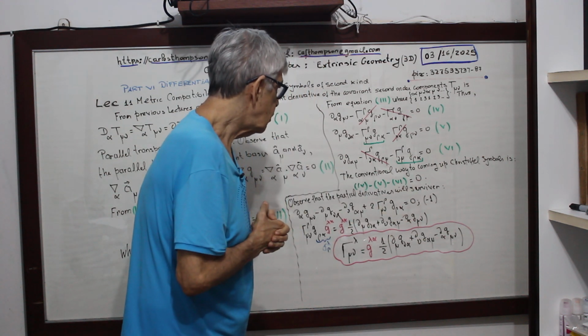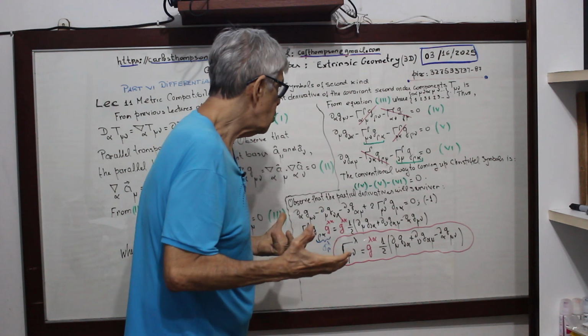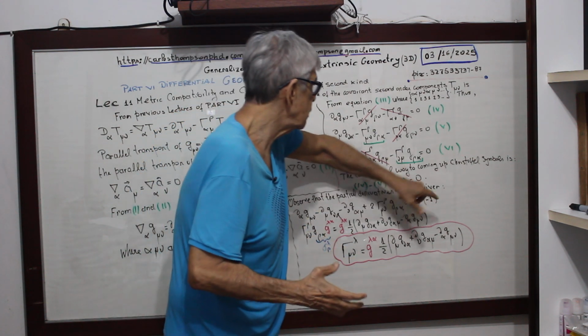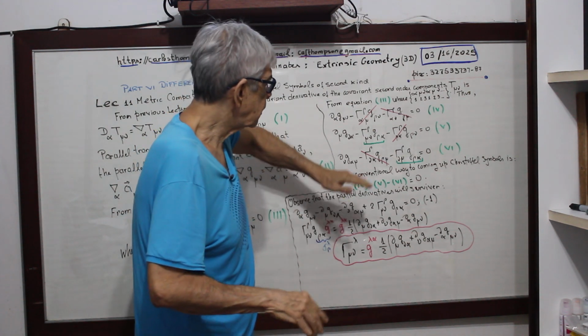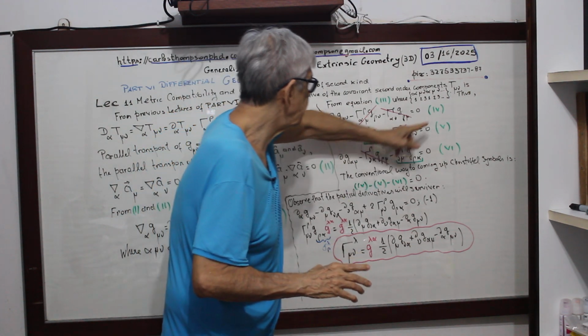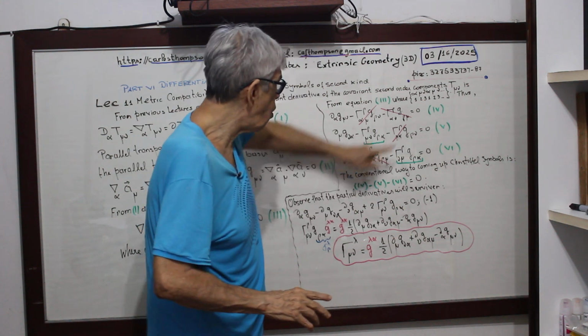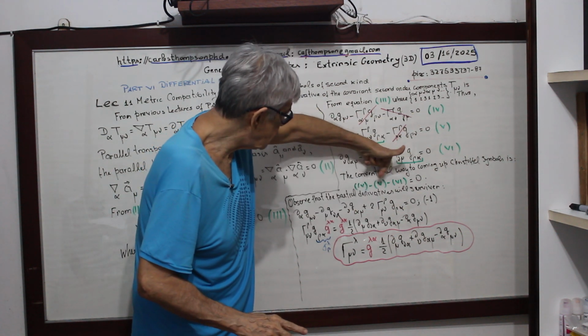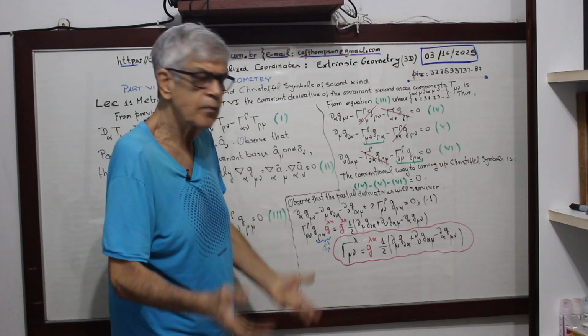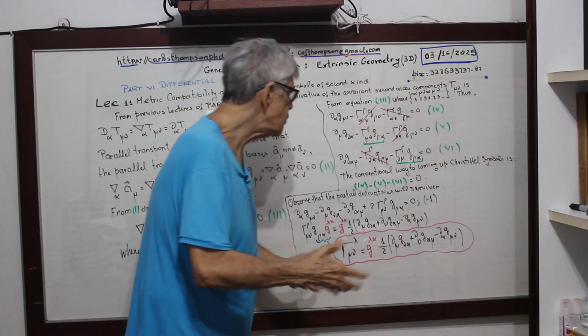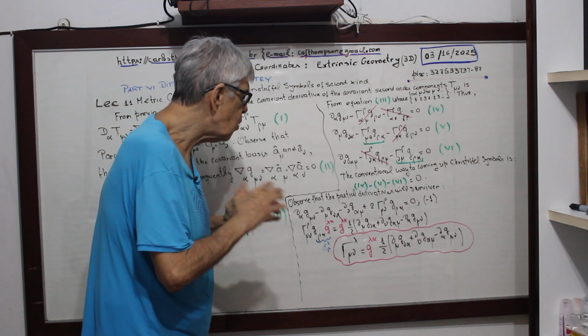Now, the conventional way to come up with the Christoffel symbols: attention now, you subtract these two equations from equation 4, and this will be 0. That's the conventional way to do it. Now it's quite easy.